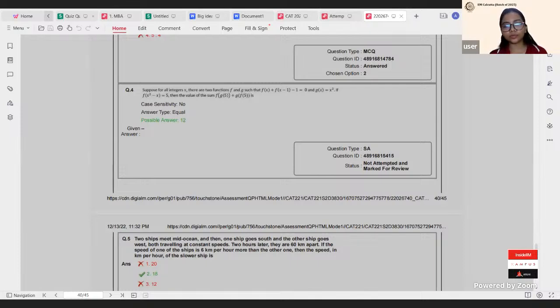regarding these types of function questions, we usually replace x by, suppose in this case, f(x) plus f(x minus 1). So if we replace x by 1 plus x, then in that case f of x minus 1 will be f of x.